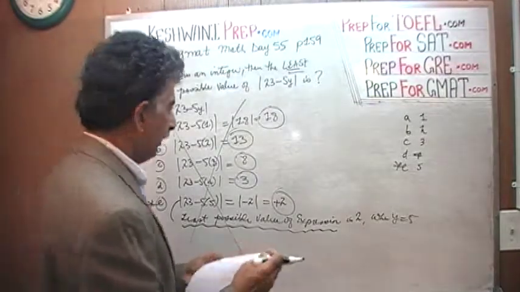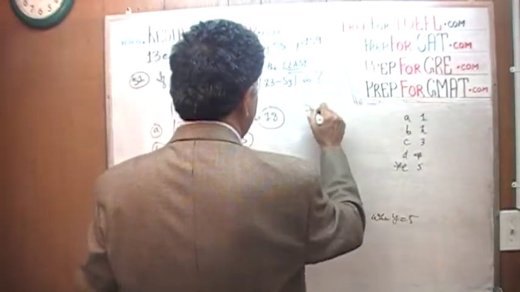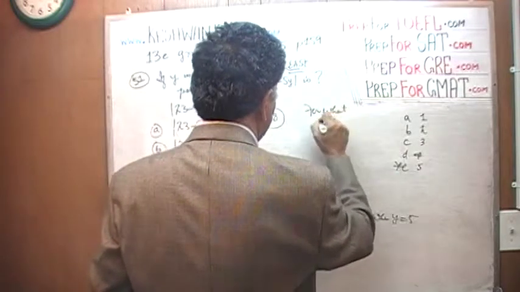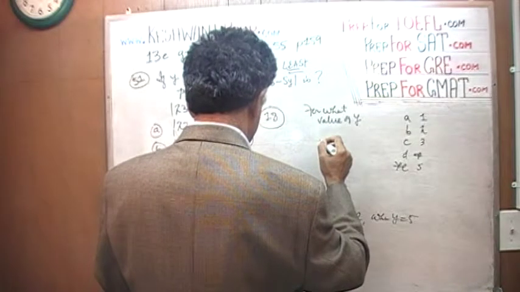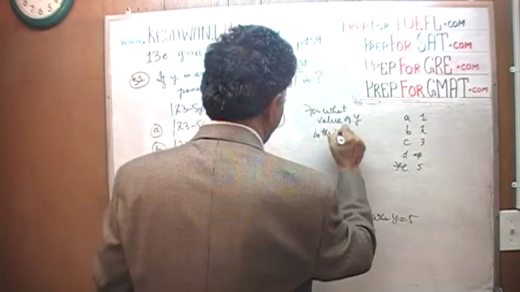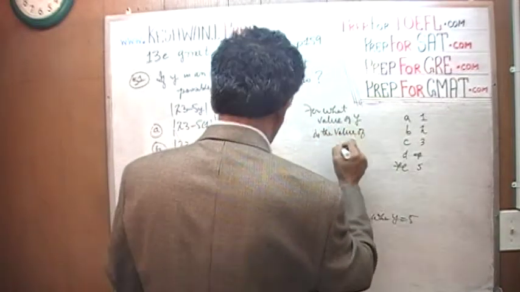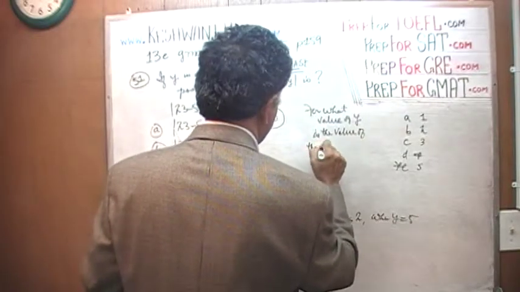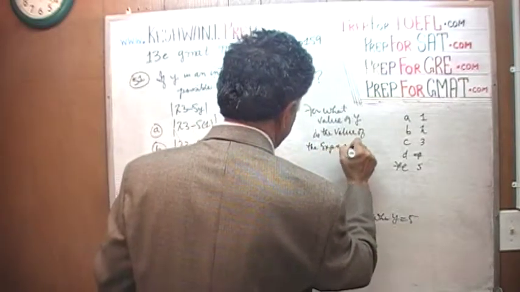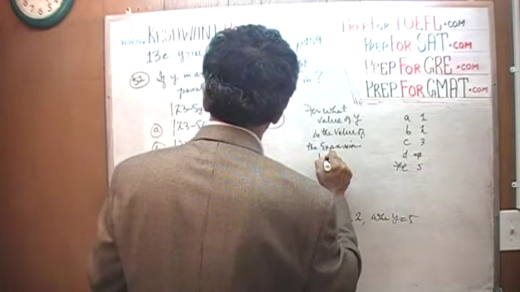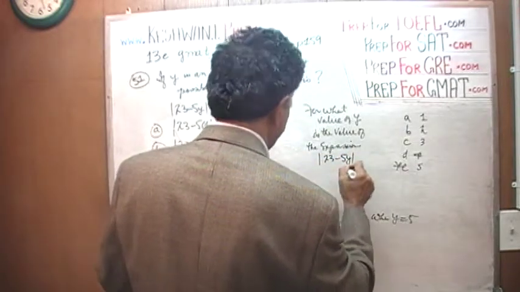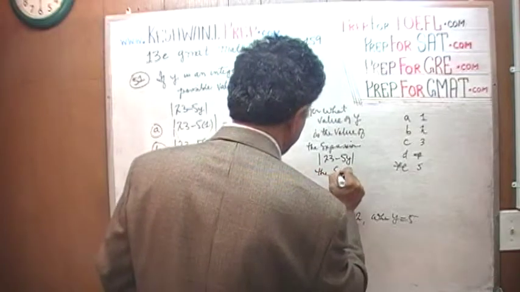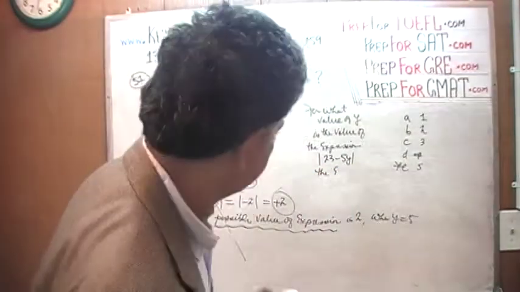for what value of y is the value of the expression, the absolute value of 23 minus 5y, the least.